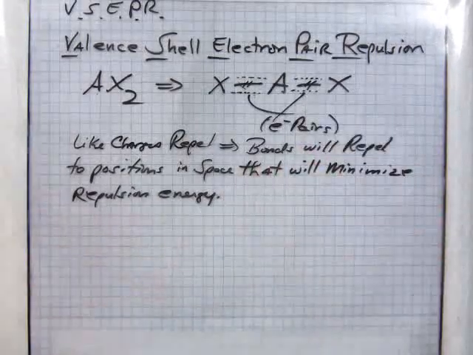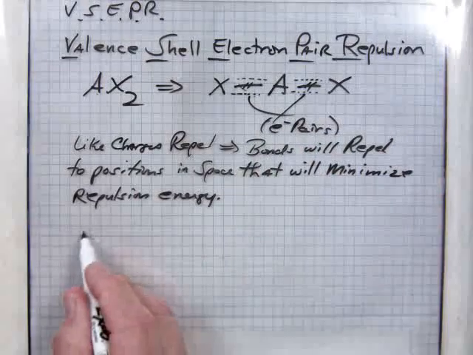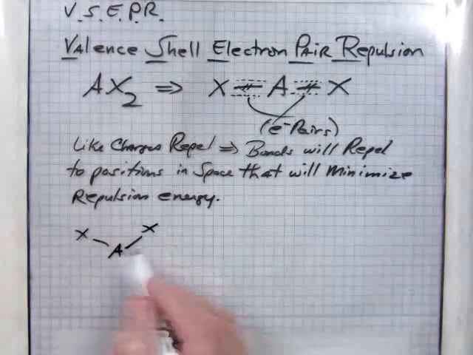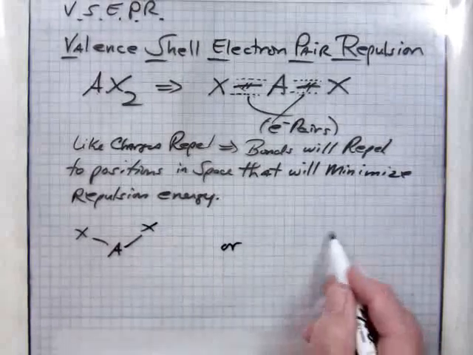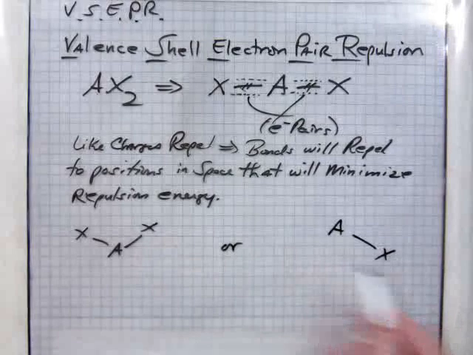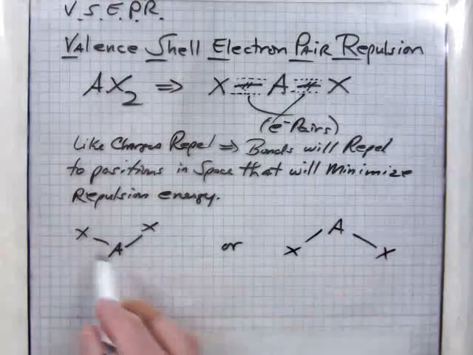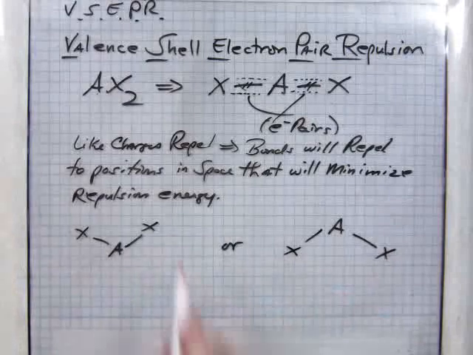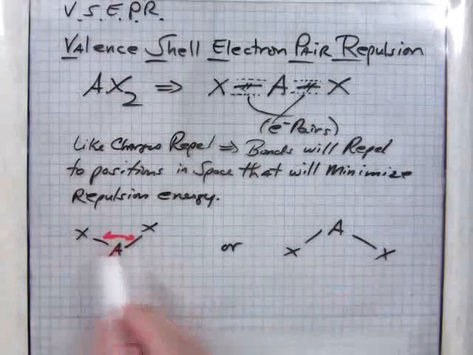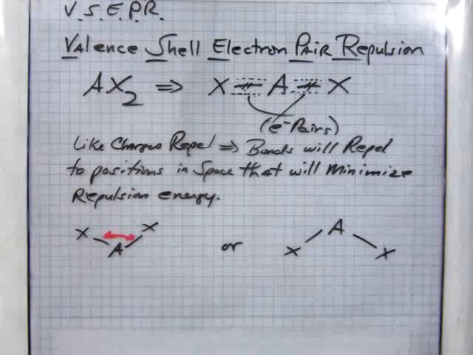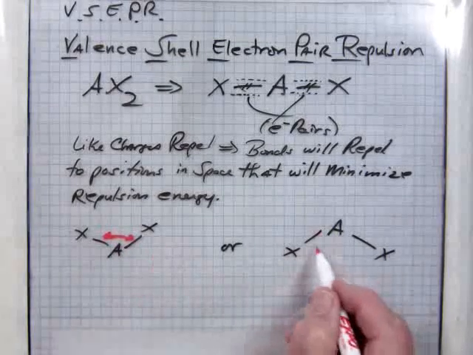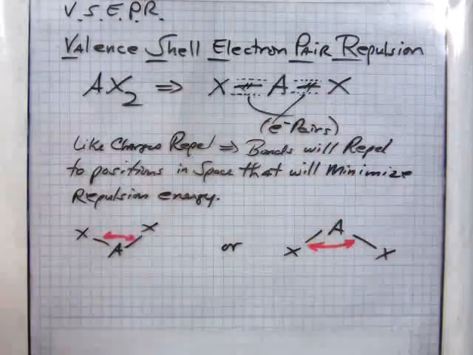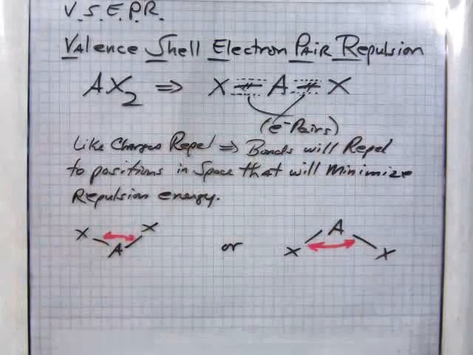So reinforce this idea: if we had a structure like this, bent like this or bent like this, the repulsion between the negative charges in the bonds would force these back to a linear configuration, which is the minimum.